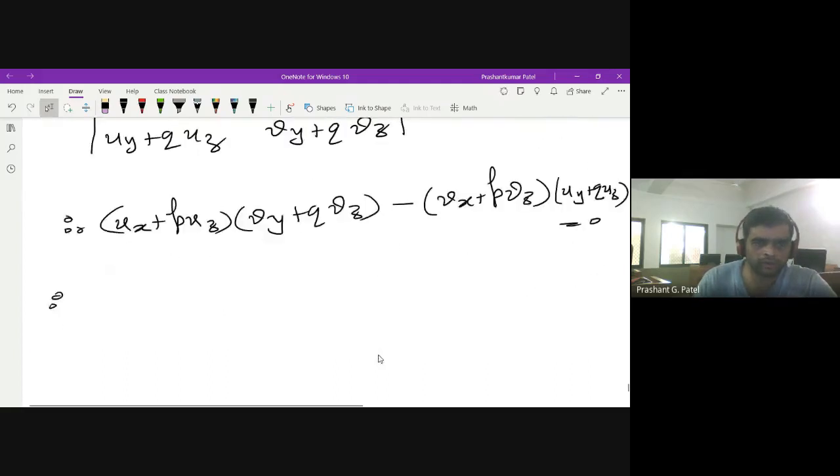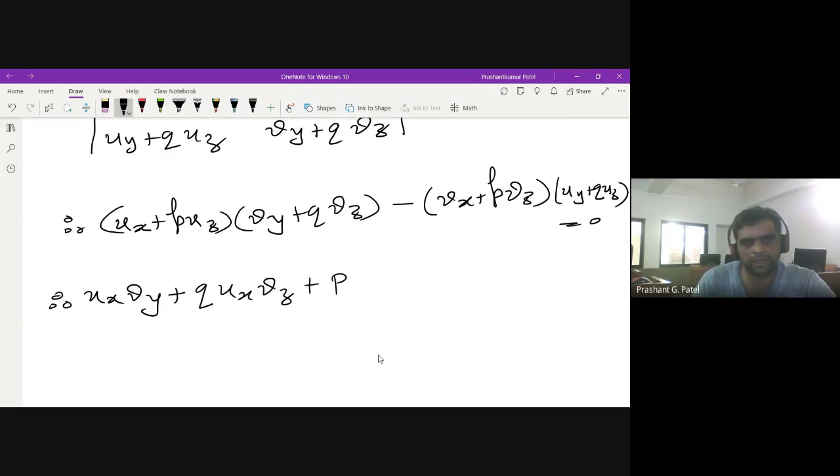Further you simplify this, you will have ux vy plus q into ux vz, then it is plus p into uz vy plus pq into uz vz.